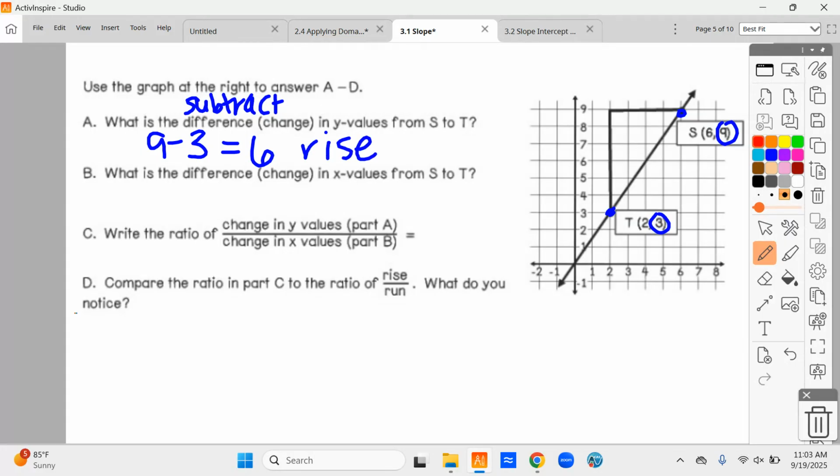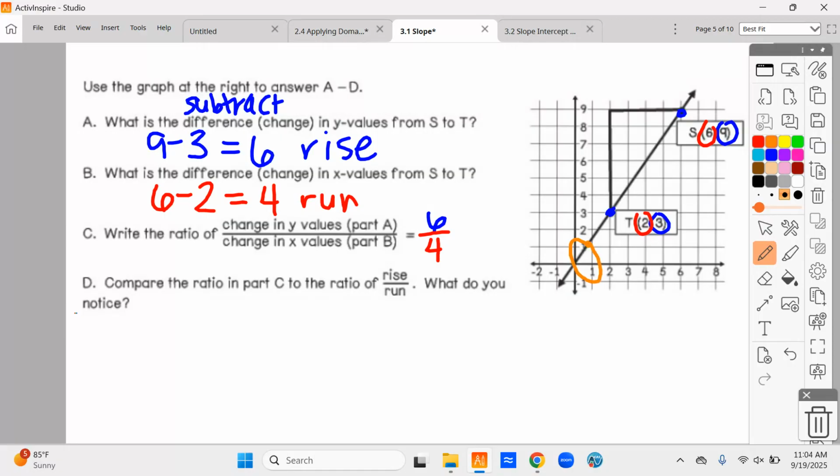What's the difference or change in x values? Well, that's 6 minus 2, which is 4. That's my run. So if we write this as a ratio, the change of y over the change of x, I would have 6 over 4. Now it says compare the ratio in part C to the ratio of rise over run. What do you notice? So now we need to actually evaluate our y over x.